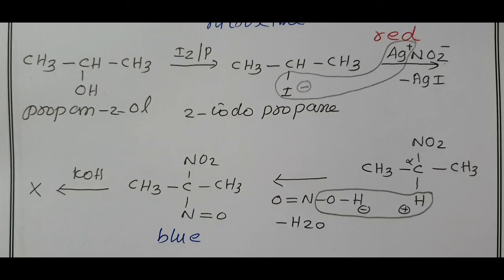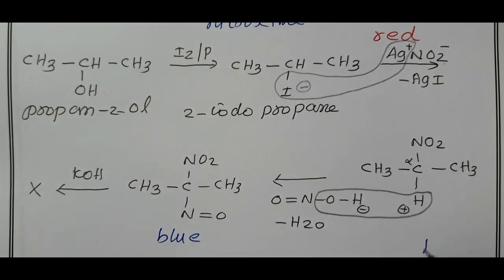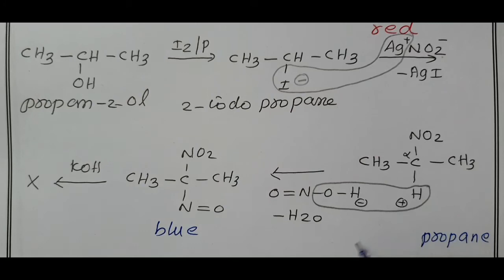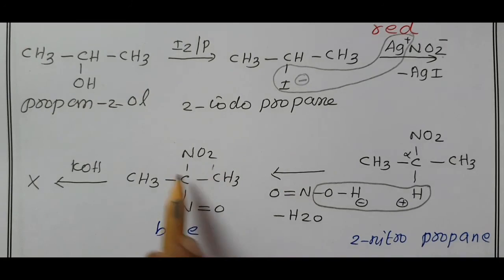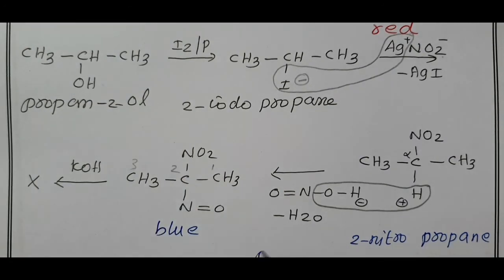What is the name of this compound? I write the IUPAC name of this compound. Three carbons, propane. NO2 is attached to the second carbon atom, 2-nitropropane. Here also, when you give numbering 1, 2, 3, propane.